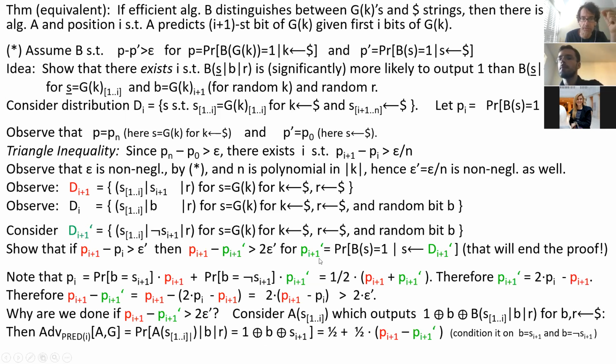Because the green probability is B outputting 1 on this stuff, and this equation works out if B outputs 0. So it's 1 minus pi plus 1 prime, and there is 1/2 in front of each. So you have 1/2 times the red plus 1/2 in brackets 1 minus the green. 1/2 comes in front, 1/2 comes in front, and you have a distance between the red and the green.